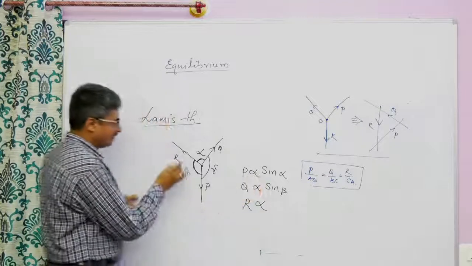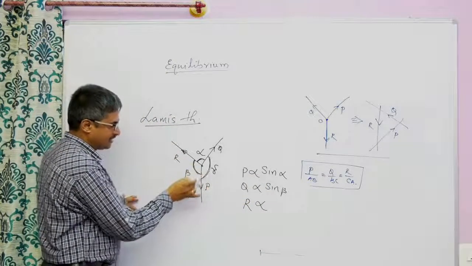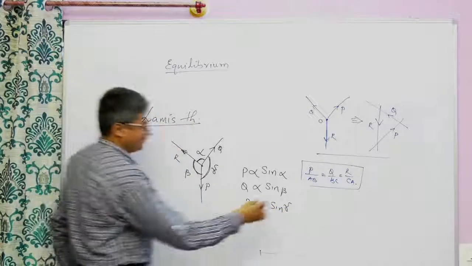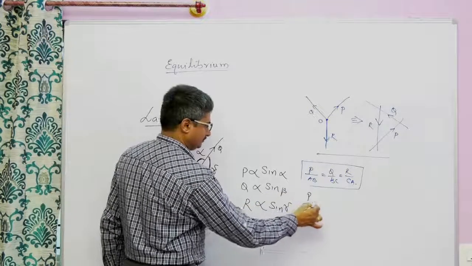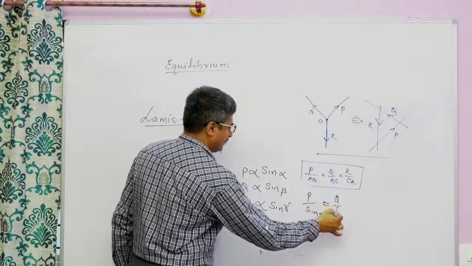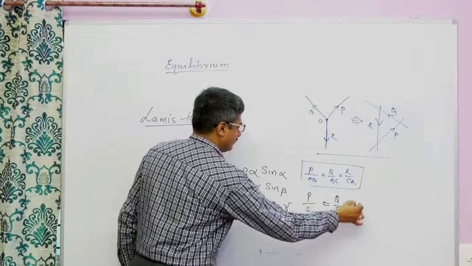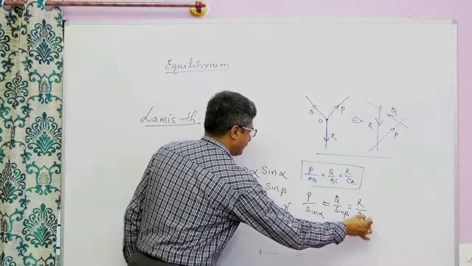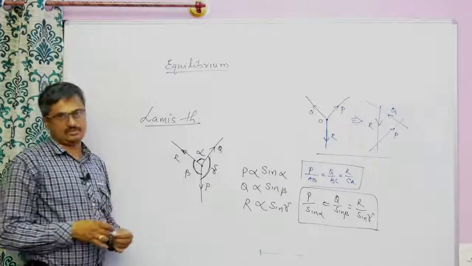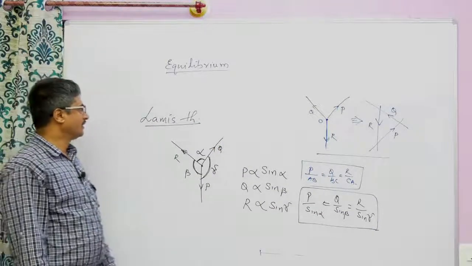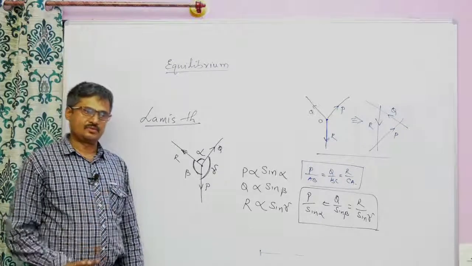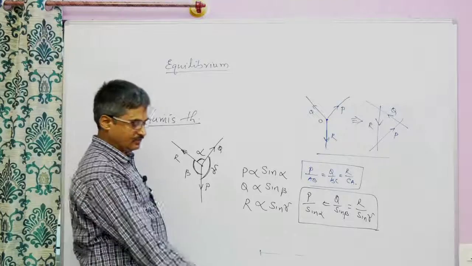In the same manner, R is proportional to sine gamma. So P by sine alpha is equal to Q by sine beta and is equal to R by sine gamma. We can use these two theorems, the law of triangle of forces and Lami's theorem, to find the resultant of three concurrent forces.